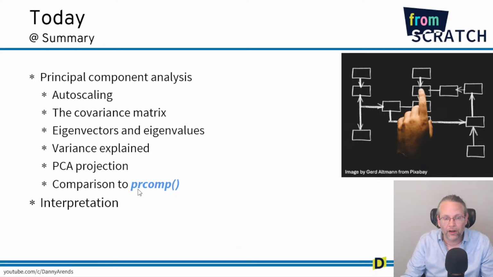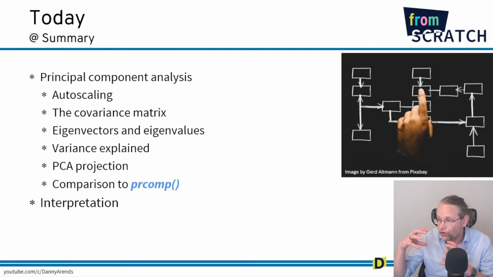And then we compared it back to prcomp, and then we talked a little bit about the interpretation. So principal component analysis is used a lot to find groups in data, to see how well things separate from each other, but also to see how reproducibility is in experiments, right?